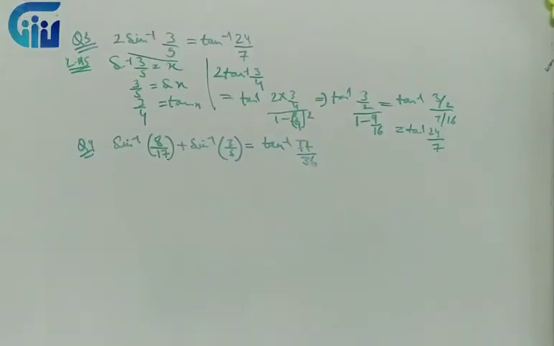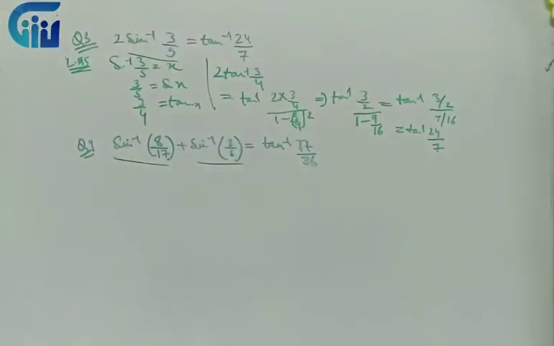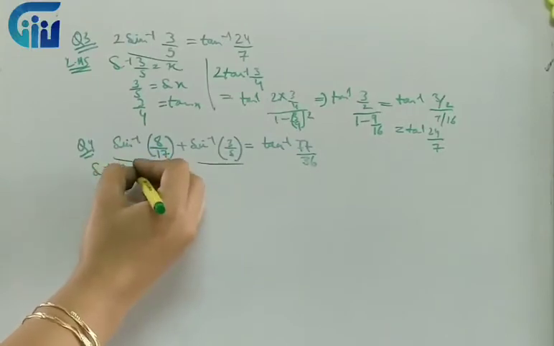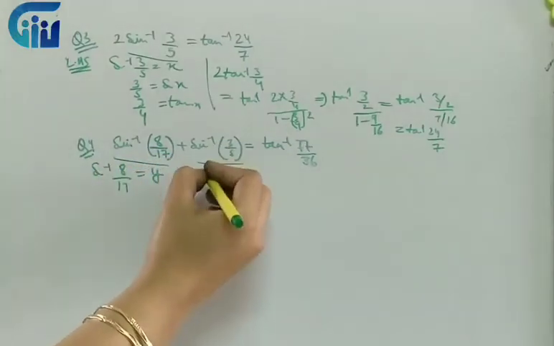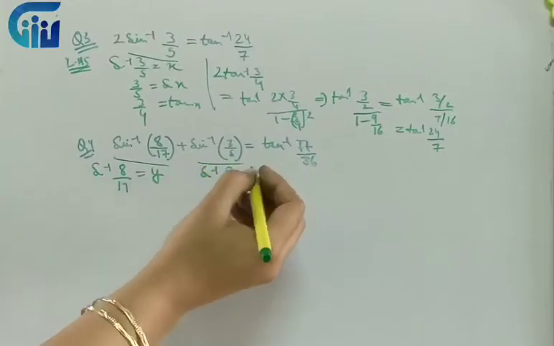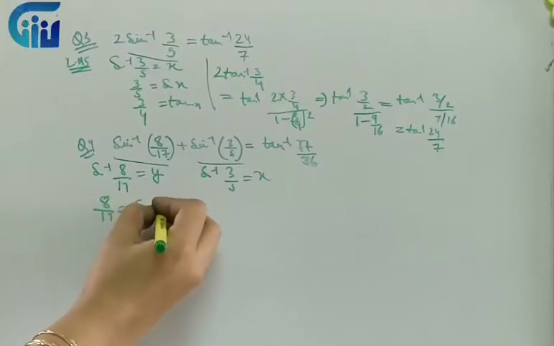Now for all these types of questions, what you have to observe? If it is sin inverse and tan inverse over here, then I'll change these to tan inverse and apply the formula of tan inverse, right? So I'll write sin inverse 8 by 17 as y, and sin inverse 3 by 5 as x. So over here 8 by 17 is sin y.